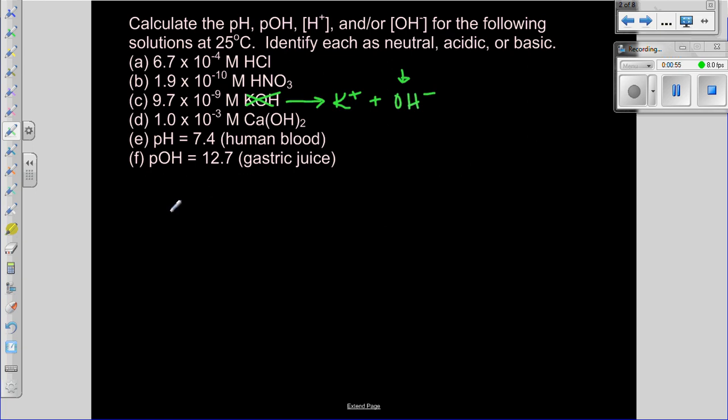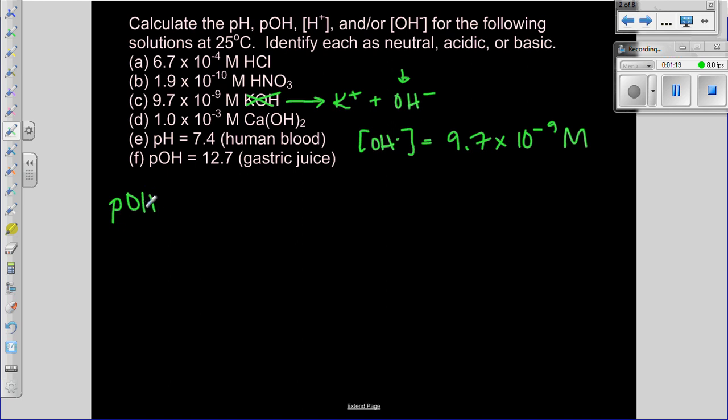Because I've got hydroxide ion concentration, I want to write that first. Hydroxide ion concentration is 9.7 times 10 to the negative 9th molar.